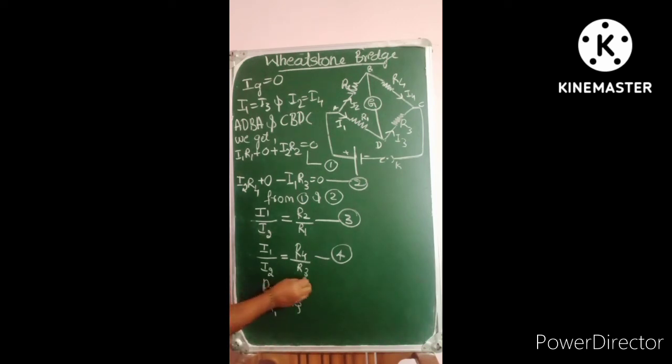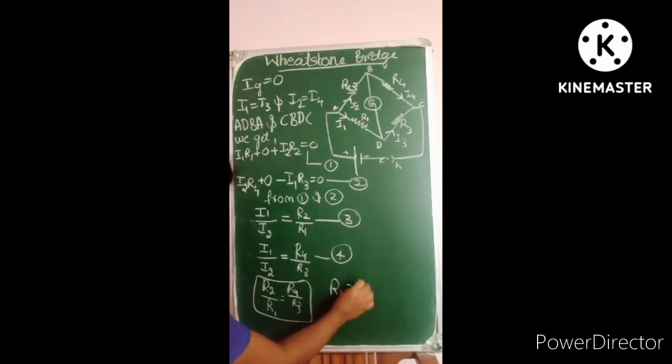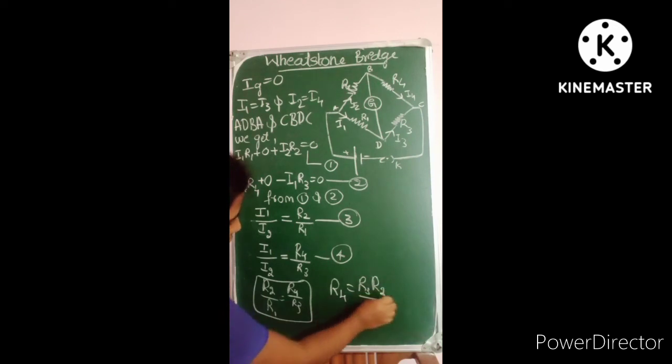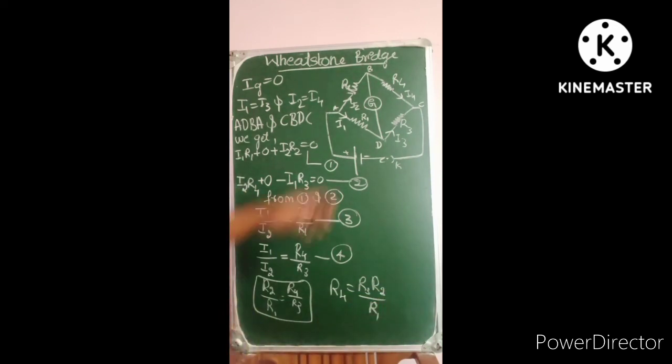This is the required equation for the balanced condition of the Wheatstone network when Ig equals 0. Suppose R1, R2 and R3 are known, then we can calculate the unknown resistance R4 as R3 into R2 divided by R1.